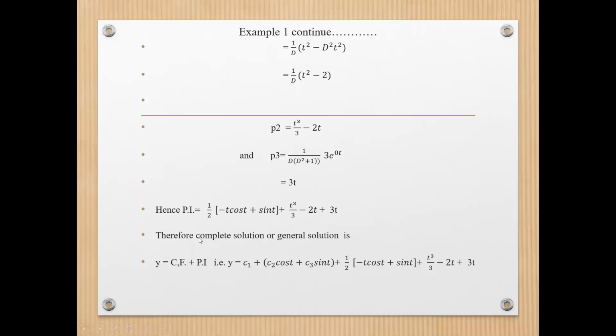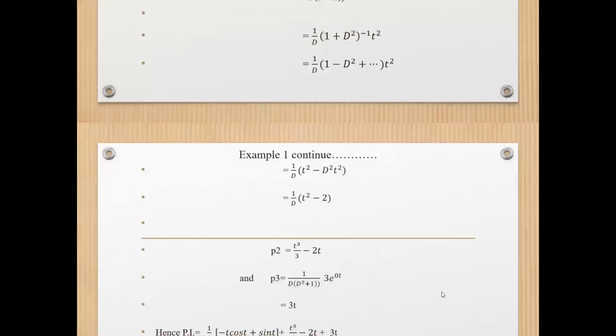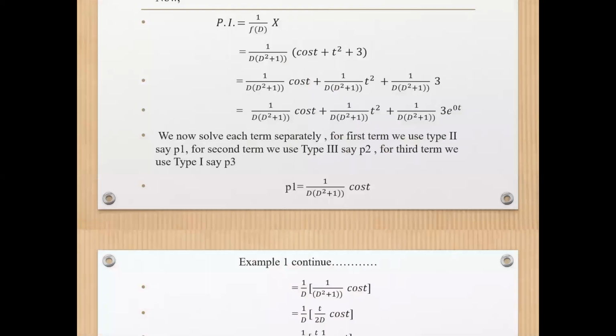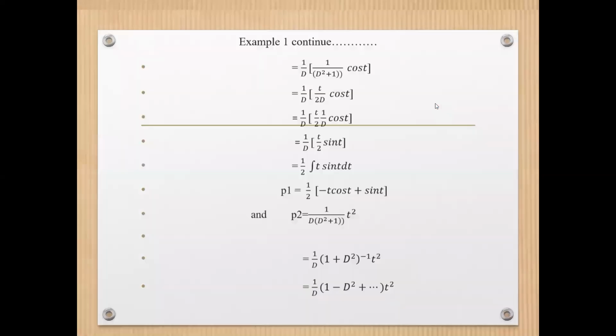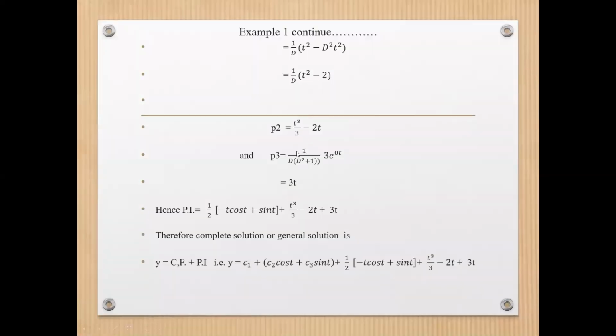So from this particular integral and the complementary function, we can easily write the complete solution or general solution as y is equal to CF plus PI. We get y is equal to, here is the CF, c1 plus c2 cos t plus c3 sin t, and here is the PI.